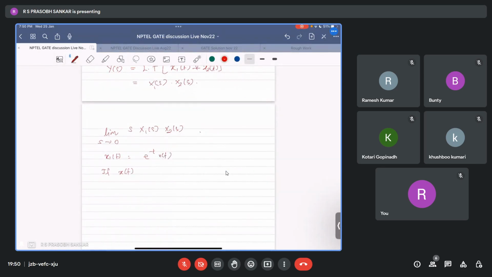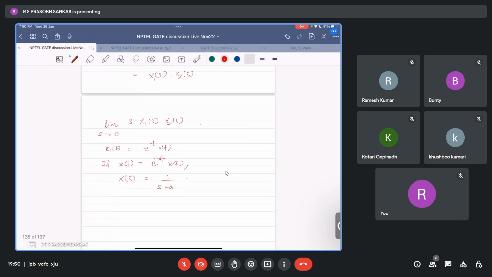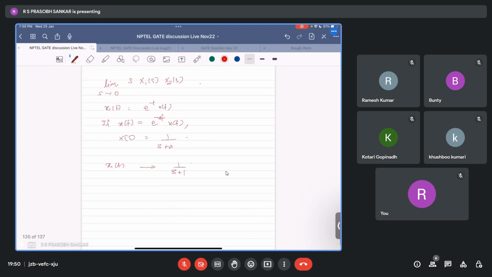Now if x(t) is e raised to minus at u(t), then the Laplace transform is given by 1 by s plus a. This is a standard result that we have discussed before. Using this formula, x1(s) will be 1 by s plus 1.